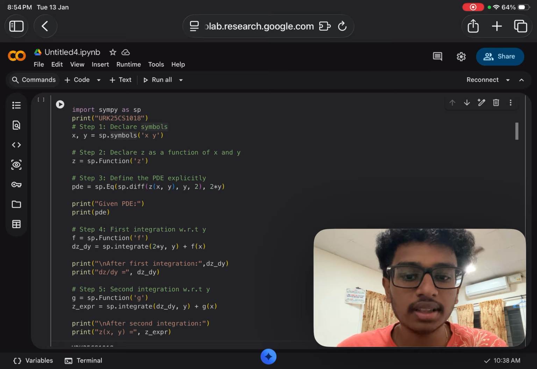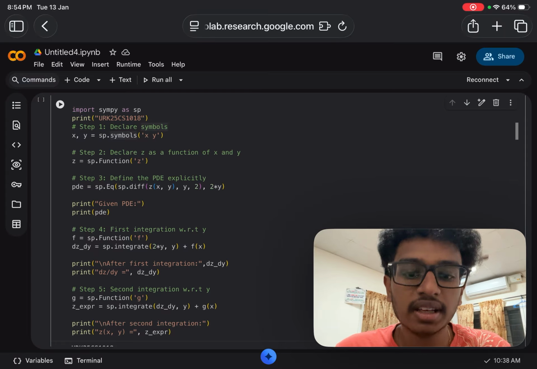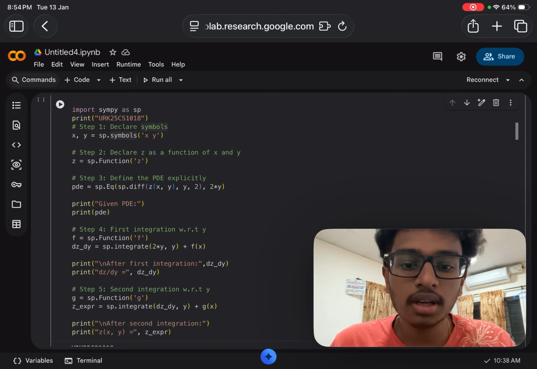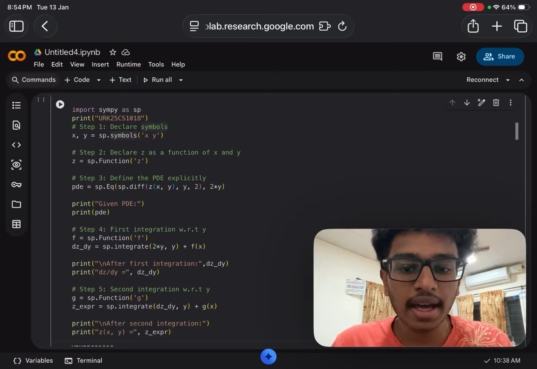Next, we define the PDE in Python using sp.Eq, where sp.diff(z(x, y), y, 2) represents the partial derivative, meaning the second derivative with respect to y, and the right hand side is 2y.